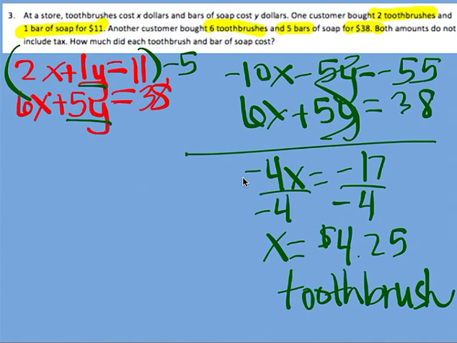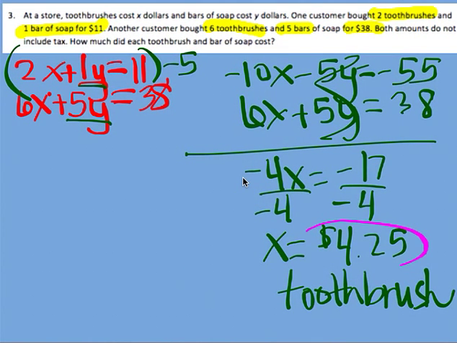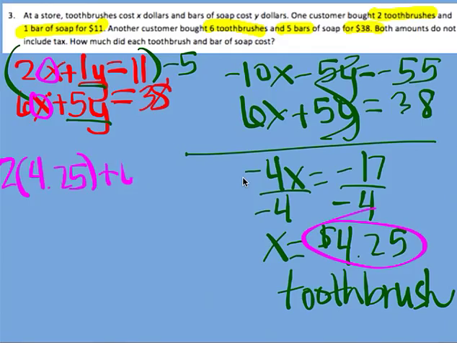Okay, so now I need to figure out what my bar of soap is going to cost. So I'm going to take this number and plug it in for X there or there. I'm going to decide to plug it into the top one. So 2 times 4.25 plus y is equal to 11.